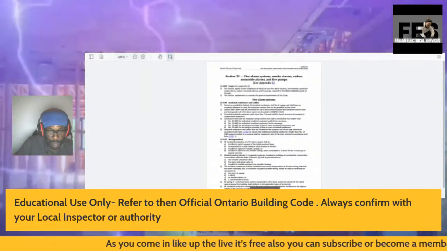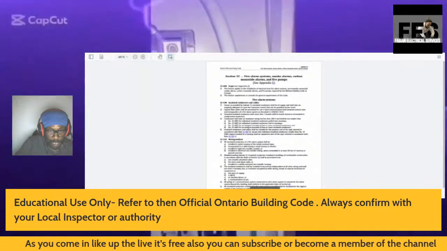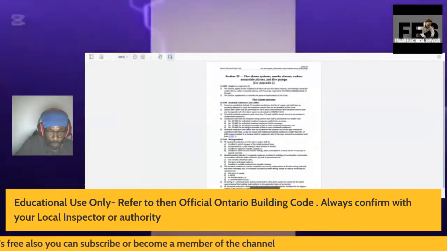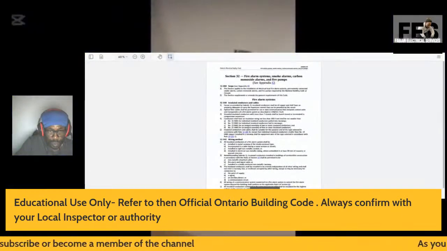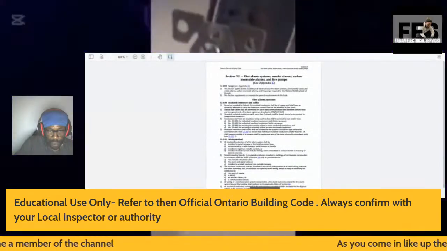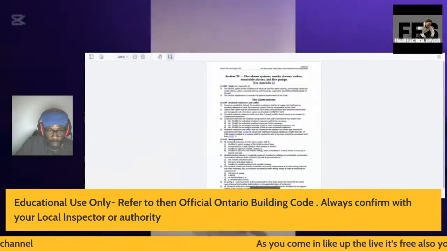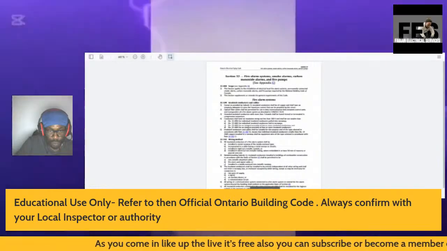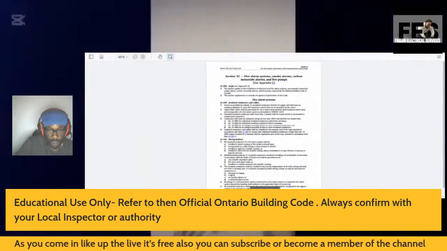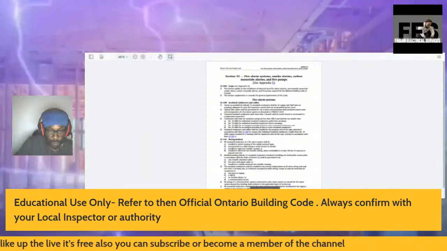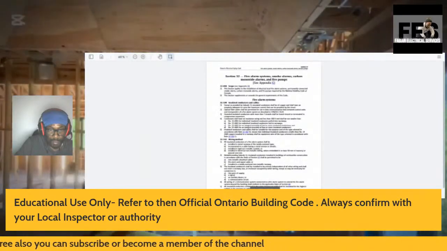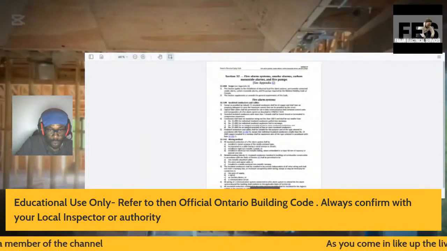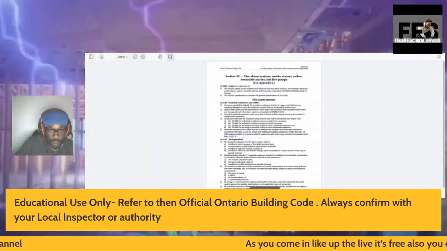Sorry, I believe rigid might be the other type of conduit. Notwithstanding Subrule 1, insulated conductors installed in buildings of combustible construction in accordance with the rules of Section 12 shall be permitted to be non-metallic sheathed cable, fire alarm and signal cable, or installed in a totally enclosed non-metallic raceway.